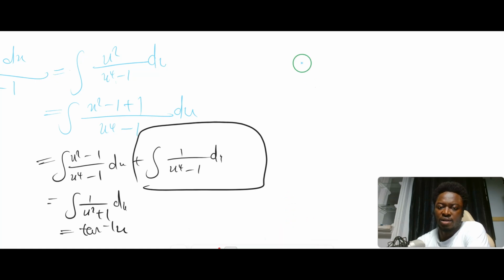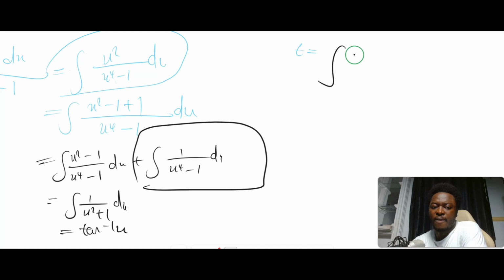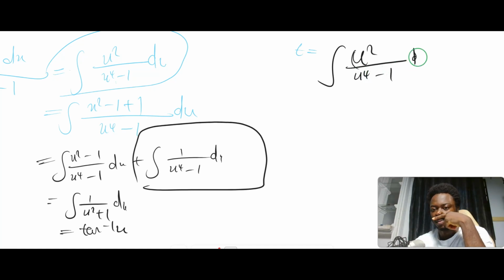take t to be... okay, let me say you would deal with this integral originally. Then here you have the integral of u squared all divided by u to the 4th minus 1 du.